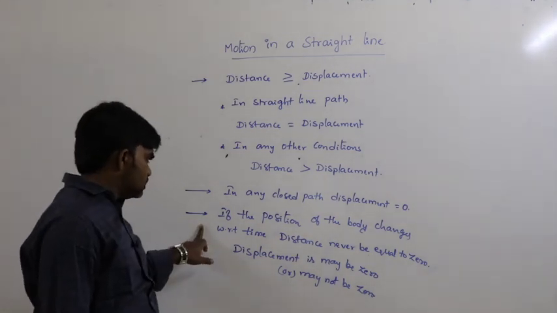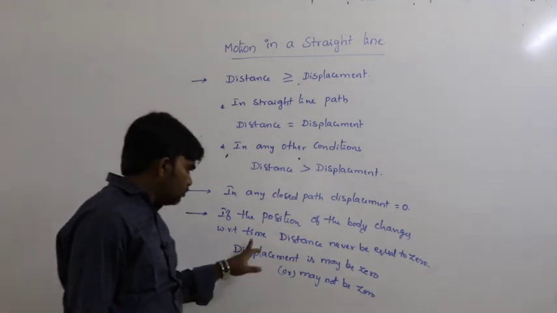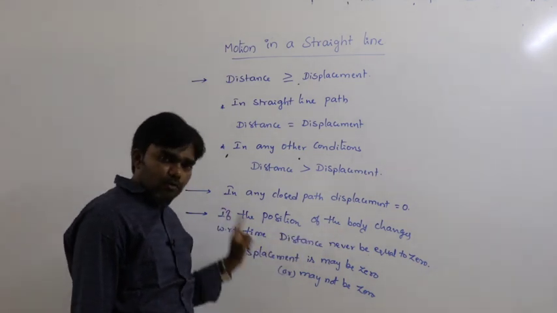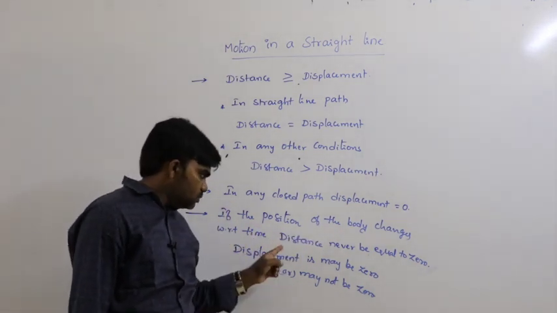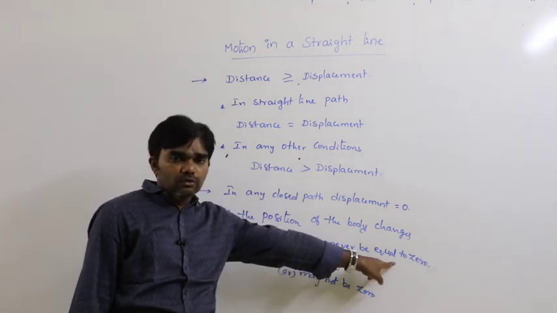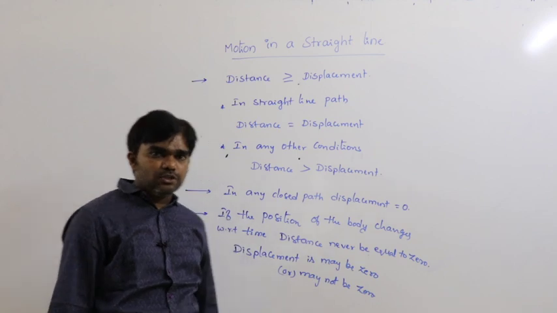So this last point is, if the position of the body changes with respect to time, that means the body must be in motion. In that situation, the distance can never be equal to 0 and the distance is always positive.